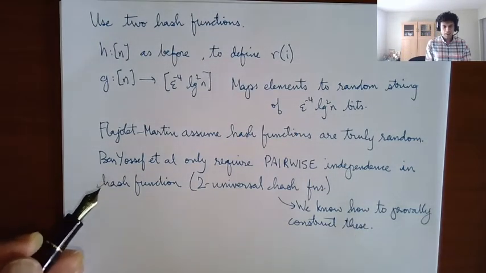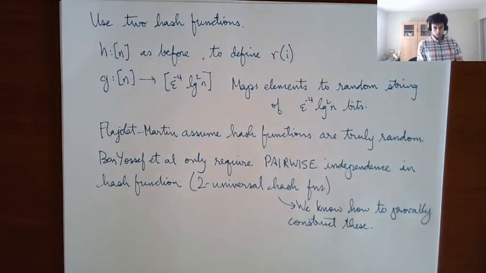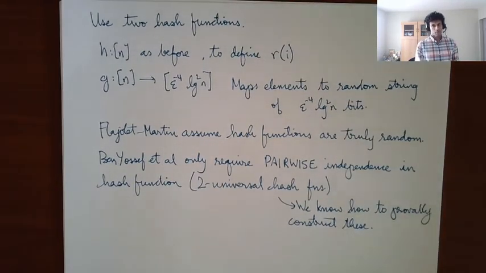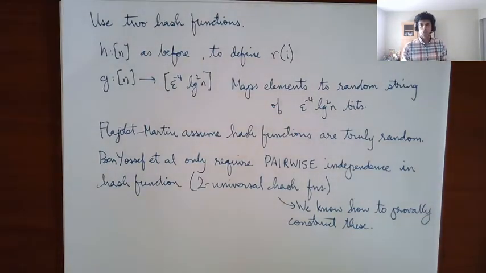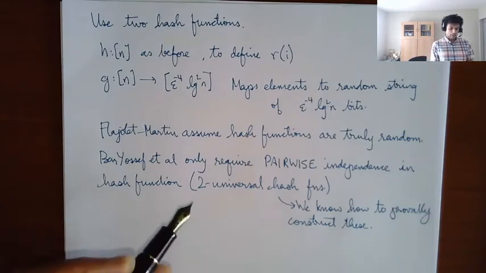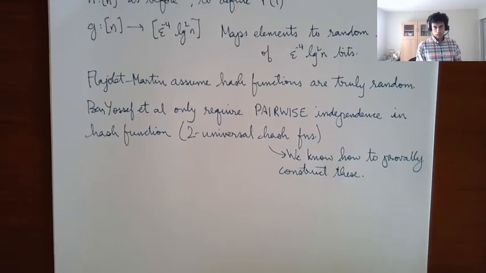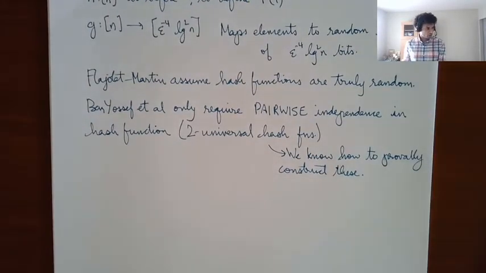Now, in the analysis that I am going to do, I am actually going to assume full independence just to make things simpler. And I will show you that you can also use pairwise independence. In the next lecture, I'll discuss how you construct such hash functions. It's not very complicated, but it's a useful probabilistic exercise to do.